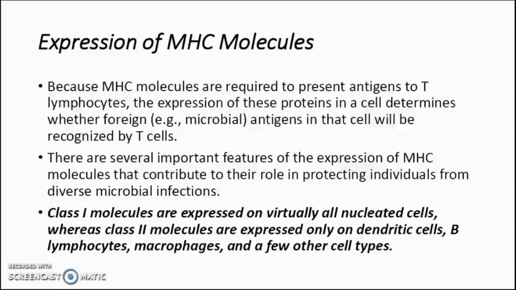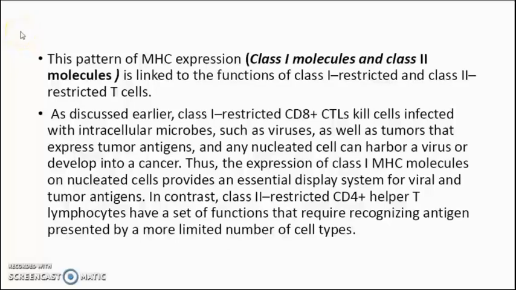Class 1 molecules are expressed on virtually all nucleated cells, whereas class 2 molecules are expressed only in dendritic cells, B lymphocytes, macrophages, and a few other cell types. This pattern of MHC expression, class 1 molecules and class 2 molecules, is linked to the function of class 1 restricted and class 2 restricted T cells.